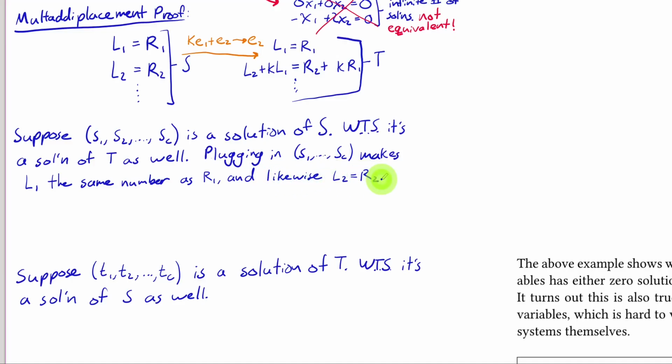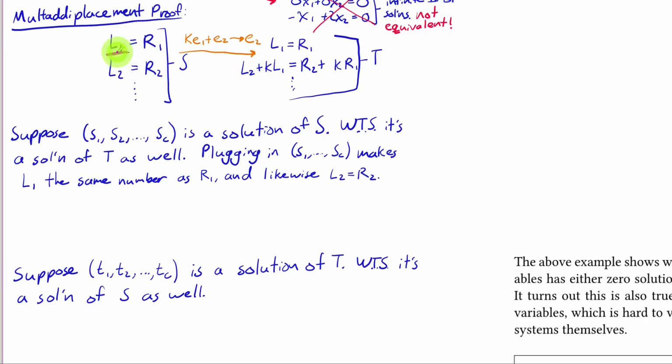Just writing this out here, we're saying that plugging in this list of numbers into the variables is going to result in some number for L1 and some number for R1, and they're going to be the same number. And same thing with L2 and R2. So when I say L2 equals R2, I don't mean an equation with variables in it anymore. I mean L2 is now a number because we plugged values in for all the variables, and R2 is now a number and they are the same number.